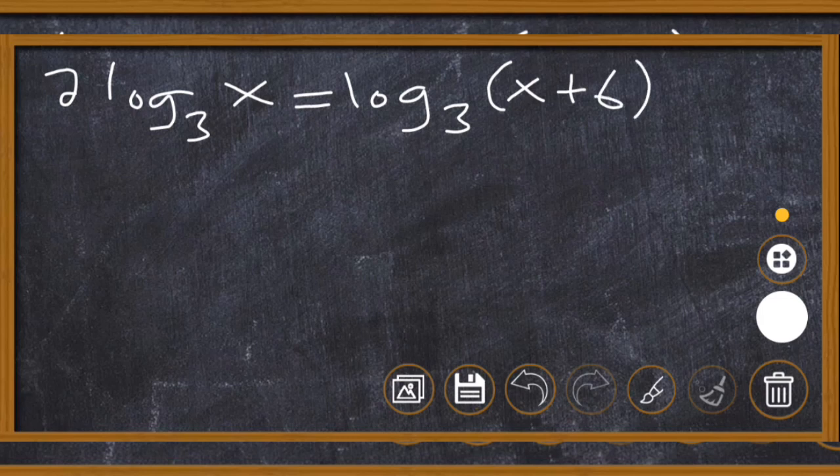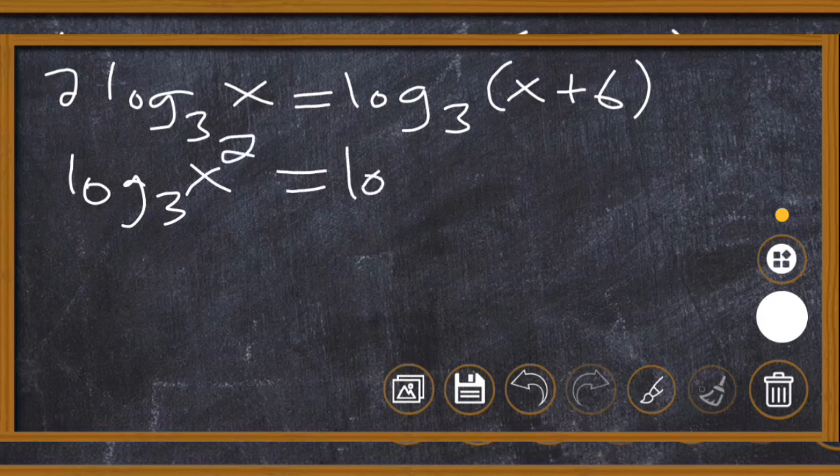How can we solve the value of x? So you have been asked to solve the value of x. You firstly have to simplify this expression. We know that this value here is the same as the power of x. So let's write that. We have log 3 of x, with power 2, equals log 3 of x plus 6.